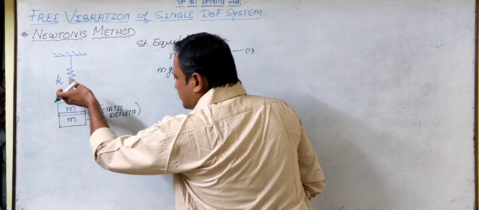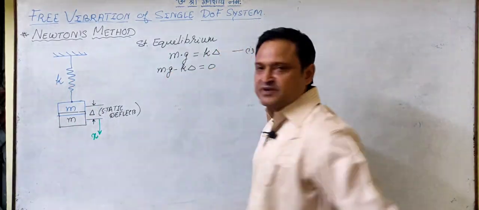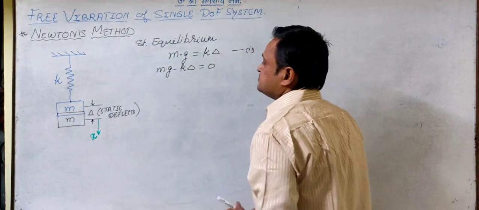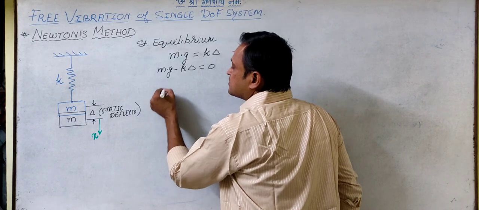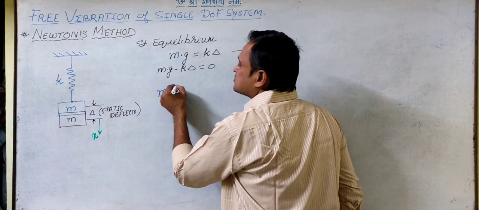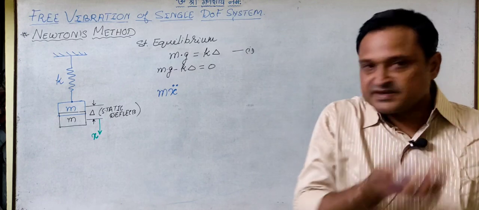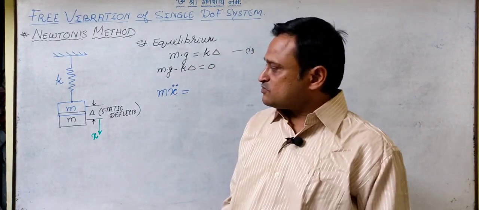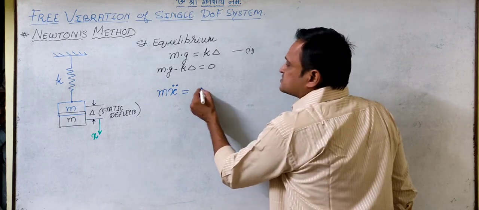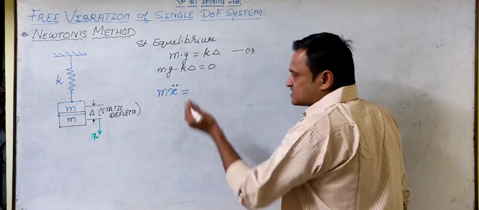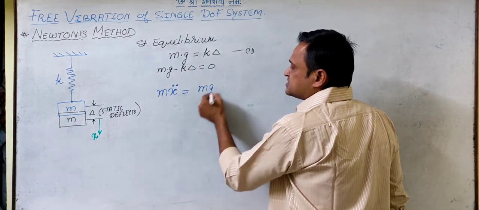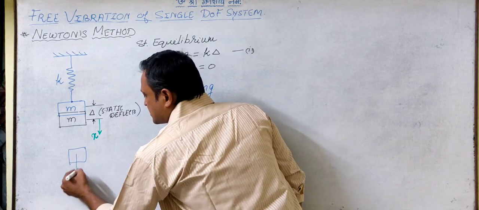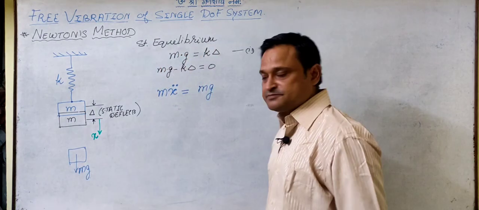So when the body is moving with a displacement x at time t, this is the total force on the system, which will be equal to the self weight mg, which is acting downwards. Mg is acting downwards, right?